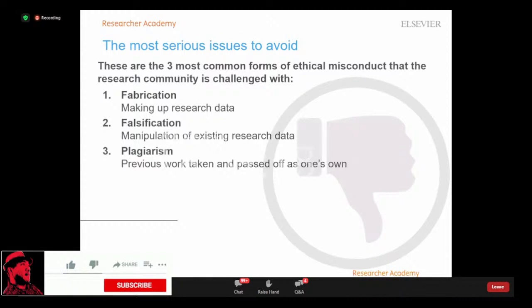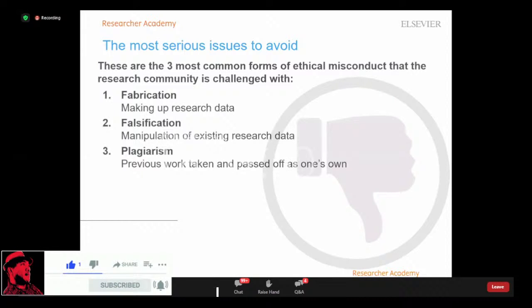I also want to make clear that these are some of the most serious issues to avoid. So these are the 3 most common forms of misconduct that we see. And of course, papers are screened for this type of misconduct. And if any of these things is found within a submission, it can really have serious repercussions again.